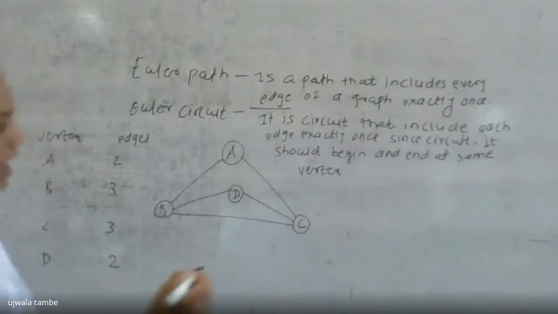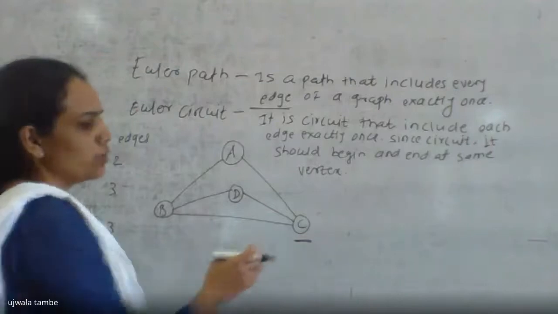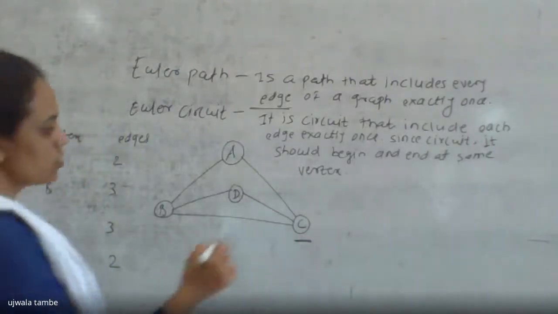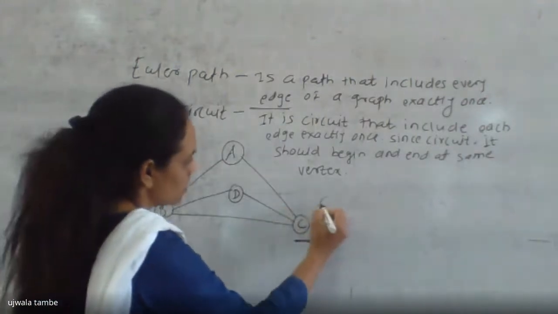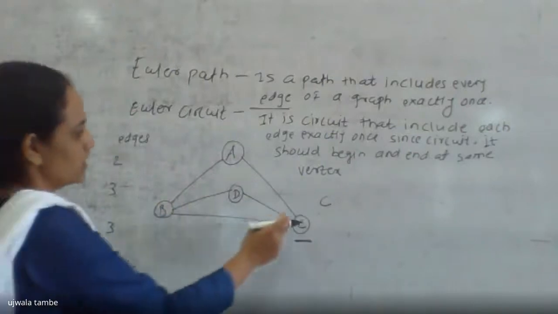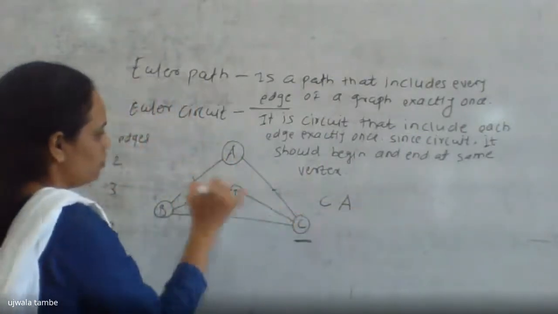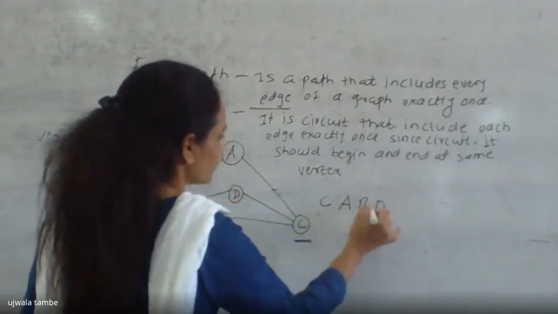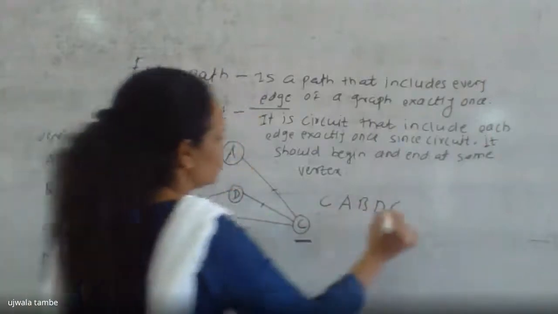I am going to start from C. You can pick any vertex you want. So if C is my first vertex, then C to A, this edge is covered. A to B, then B to D, D to C, and again C to B.